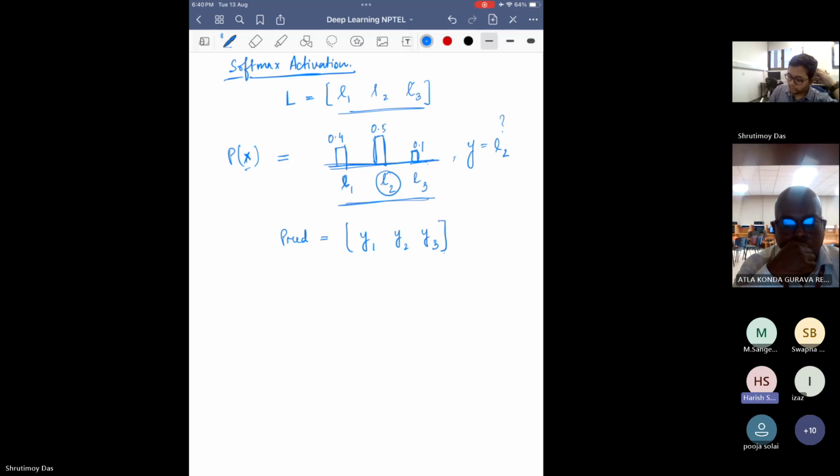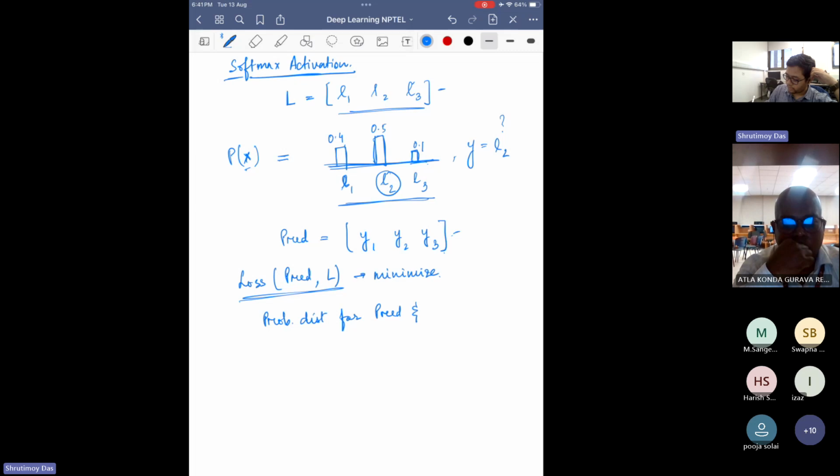You are trying to minimize the loss between the prediction and the true label. So you want to make the probability distributions of the prediction and L similar, close.